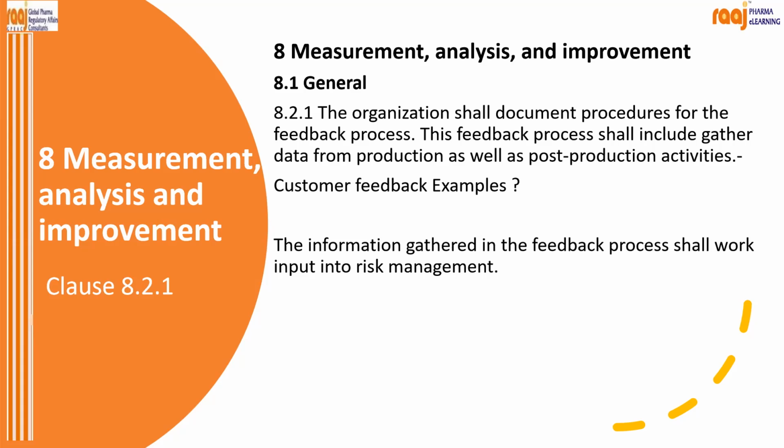So you have to map the negative feedback into your risk management also. This general clause 8.2.1 says how you measure, analyze, and improve. That is why this general statement is specified under this standard.